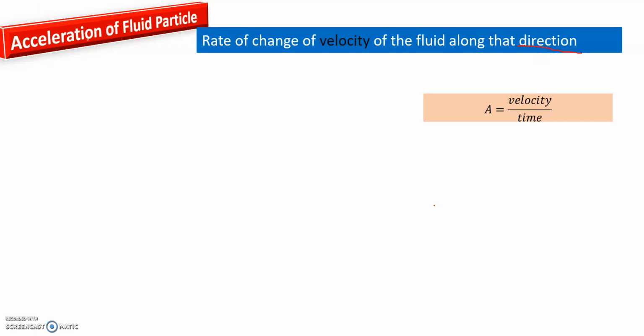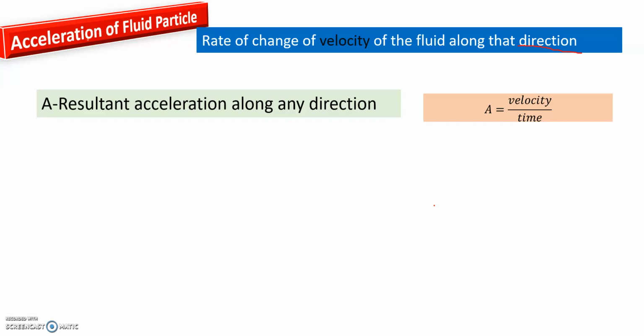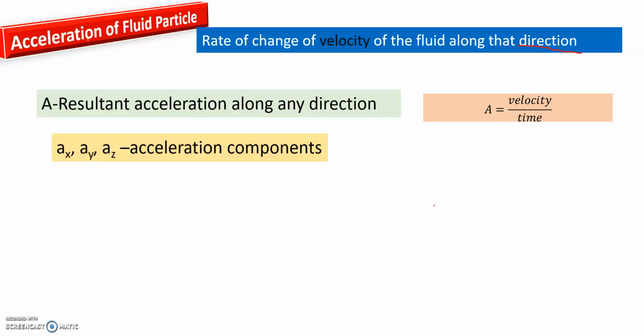If I take A as the resultant acceleration along any direction, and let ax, ay and az be the acceleration components. Similarly, what I have done for velocity, I can represent the same for acceleration in a graph.